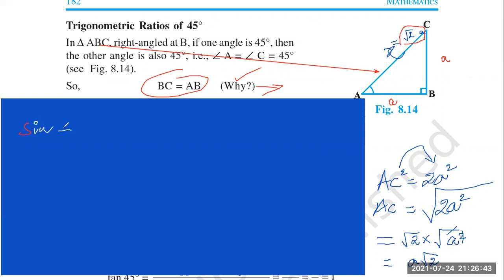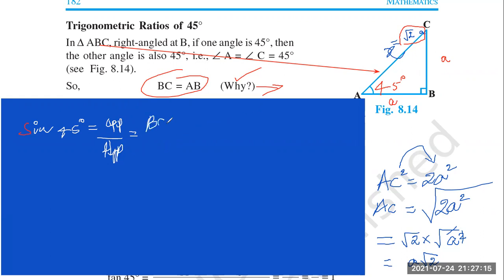Sin 45 degrees is equal to how much? Suppose this 45 degrees is taken here, ये 45 degrees करके अपन लेते हैं ये वाला. अब sin 45 degrees, 45 degrees के लिए what is actual sin ratio? Actual sin ratio is opposite upon hypotenuse, you all know that. So for 45 degrees, what is opposite? Here it is A, BC.